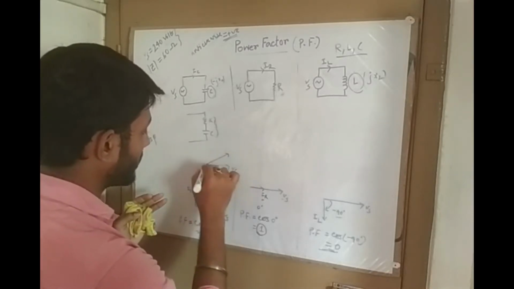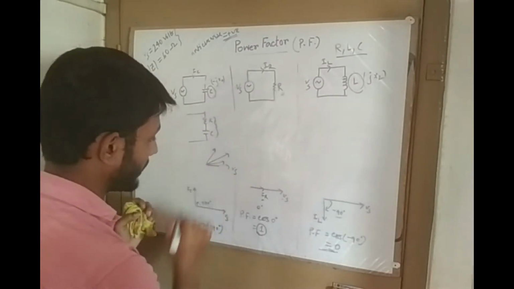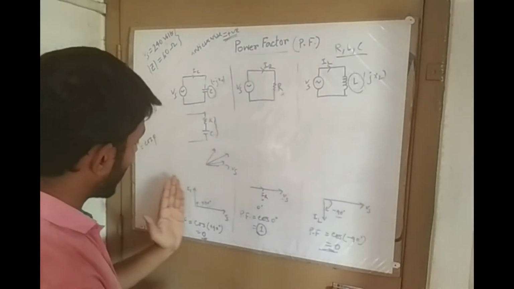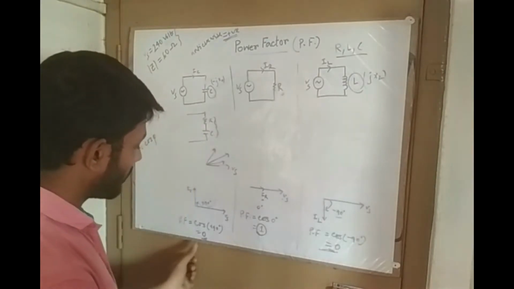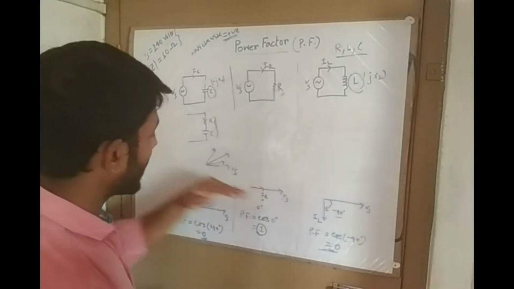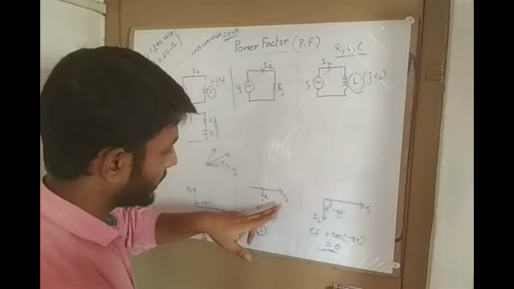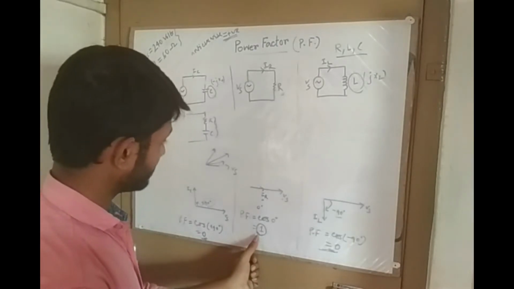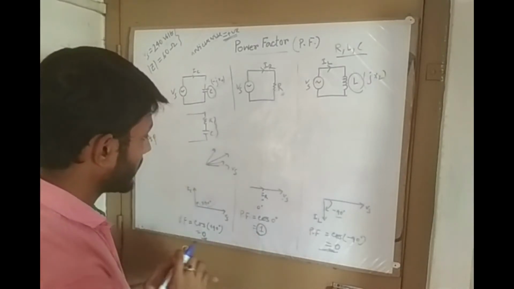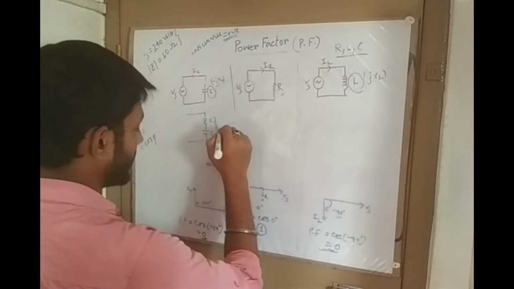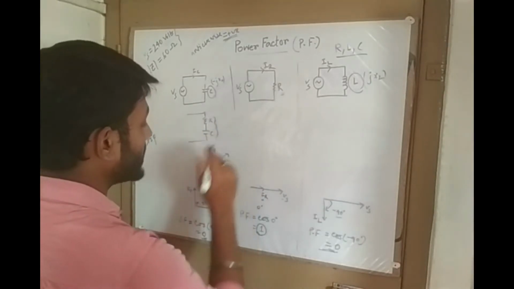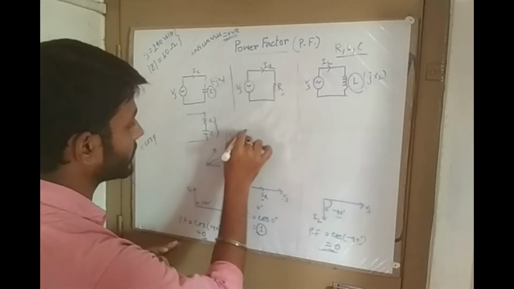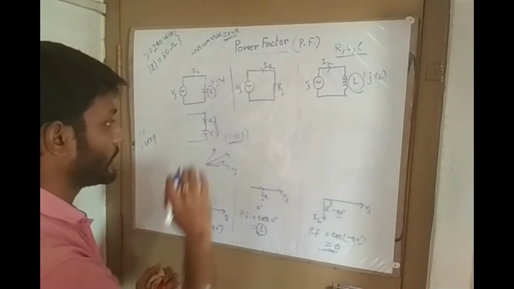It may be here, it may be here, it may be here. So here is the power factor. If the current is at plus 90 degree, then the power factor is 0. When the current is in the same phase as the voltage, that is resistive load, then the power factor is 1. So for this RC circuit, the power factor value will be somewhere between 0 and 1.